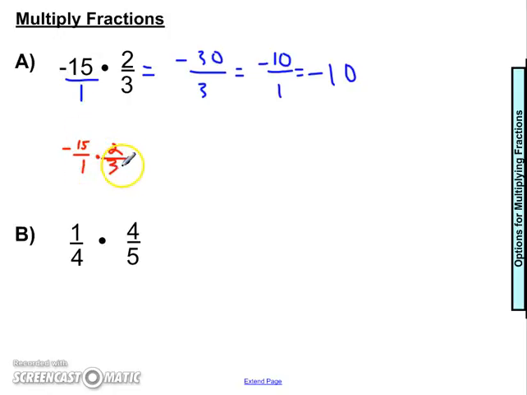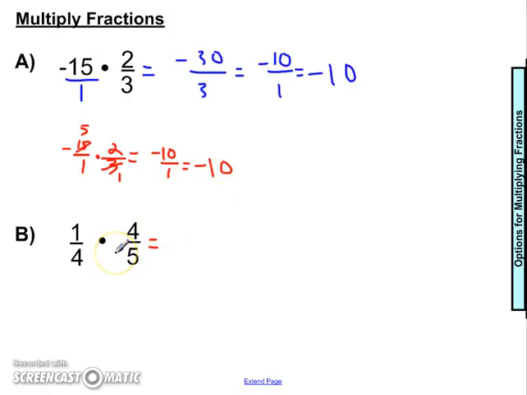So 3 goes into itself once and goes into 15 5 times. So I'm pulling out 3 out of each of those numbers. Now I multiply across. 5 times 2 is 10. Negative times a positive is negative. 1 times 1 is 1. And you'll notice negative 10 is your result. So either way, I got to the same outcome.